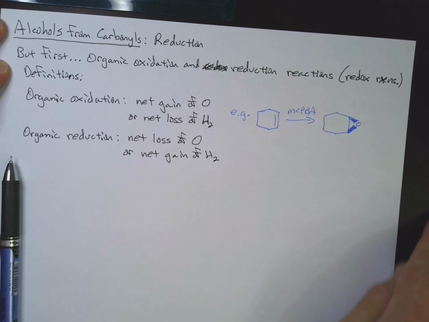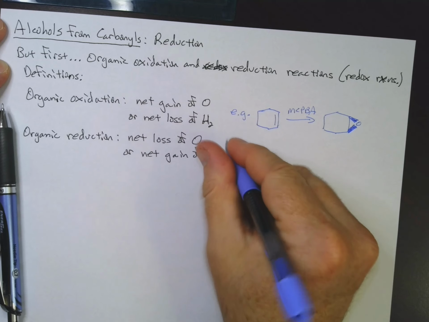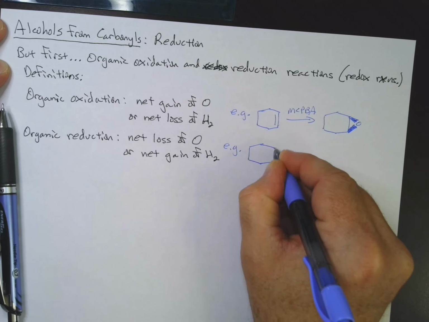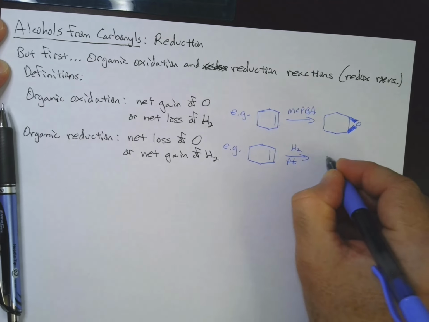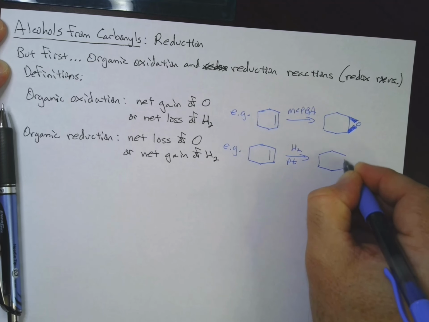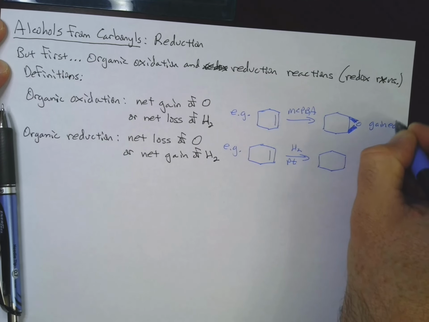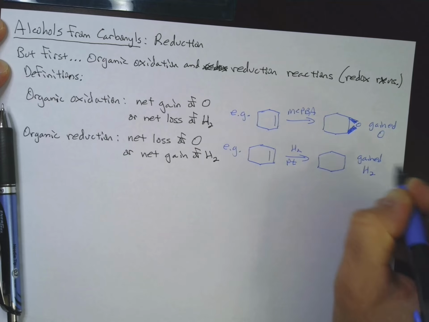I've added an oxygen. An example of reduction would be something like H2 and platinum, where now I've gained H2.